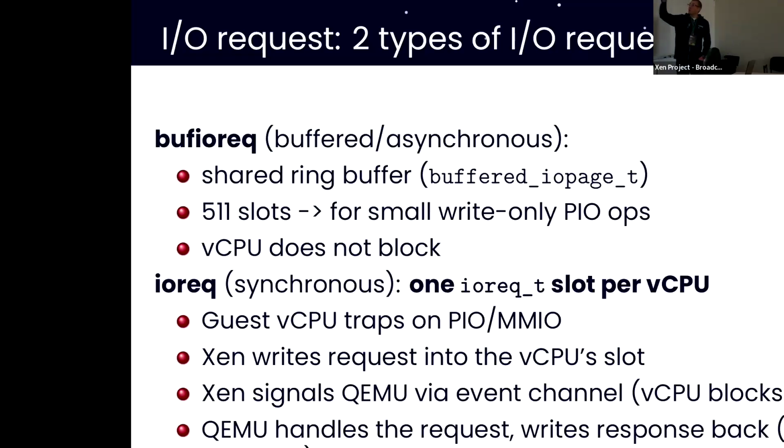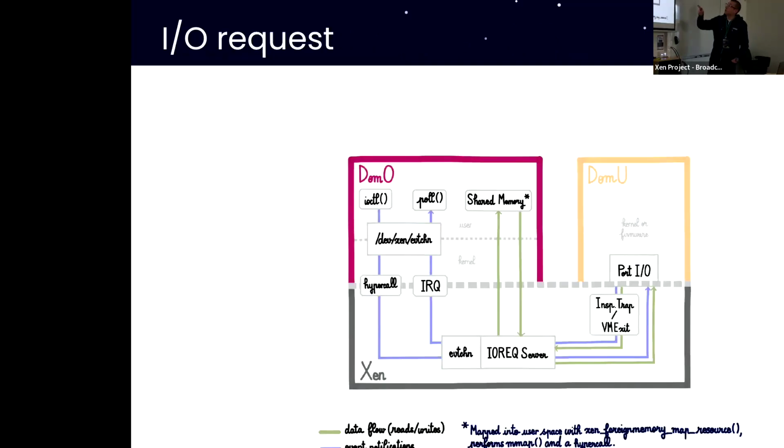And here's already the crux of one of the issues I discovered. There's one I/O request per vCPU in this shared memory. This shared memory is mapped from Xen into Dom0, so basically Dom0 requests this memory via the Xen foreign memory map resource.